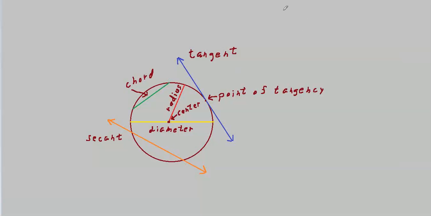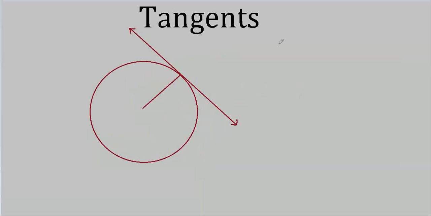And here's the first one. We have a radius here. This is the center of the circle, I guess. Usually I'm just eyeballing this, so if you were to measure this and find that I was a millimeter off, I'm sorry. Here's the radius, and here's a tangent.